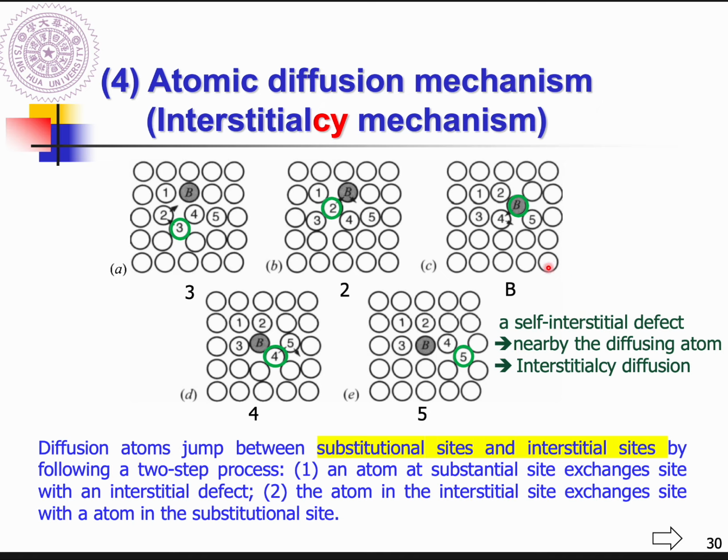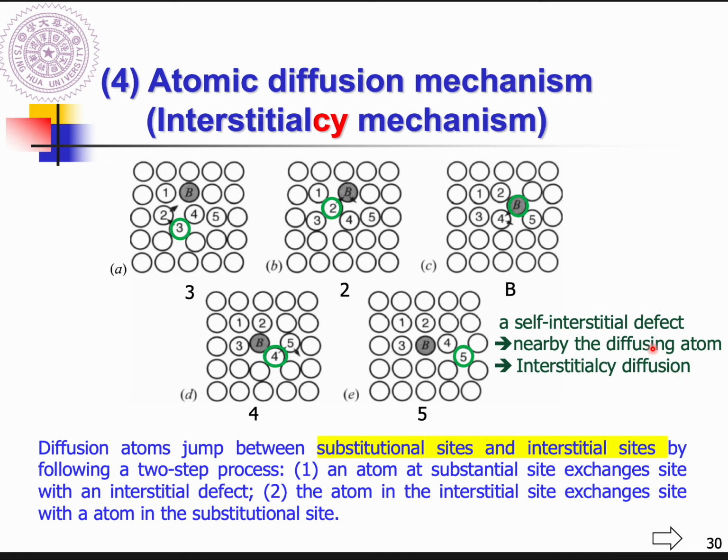They are the same type of atom, just located at the interstitial site. Under this situation, we call it a self-interstitial defect, because the host atom is located at an interstitial site. So this diffusion mechanism is driven by the self-interstitial atom nearby the diffusing atom. That will drive the interstitial C mechanism.